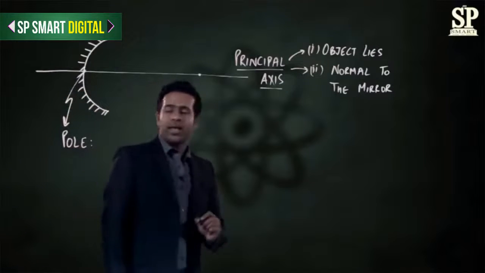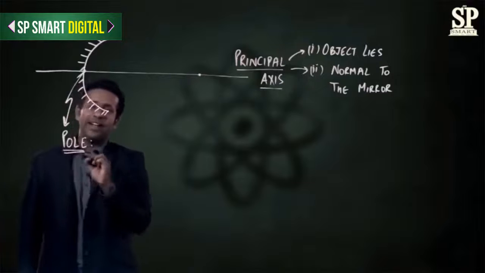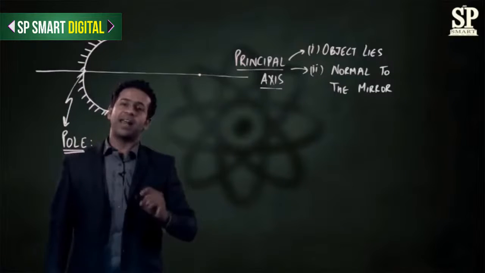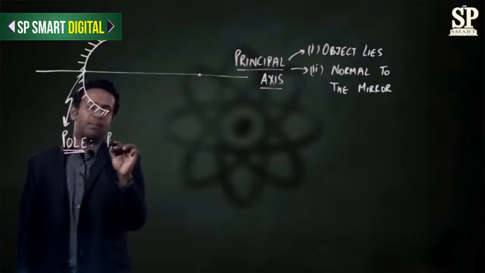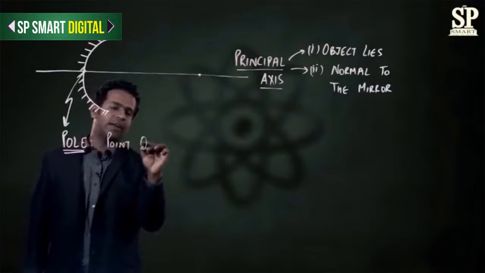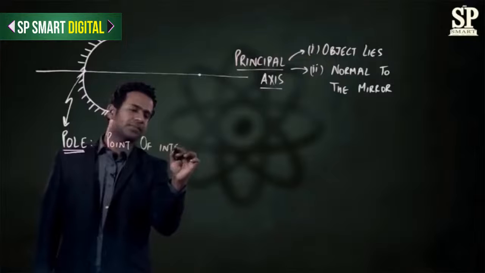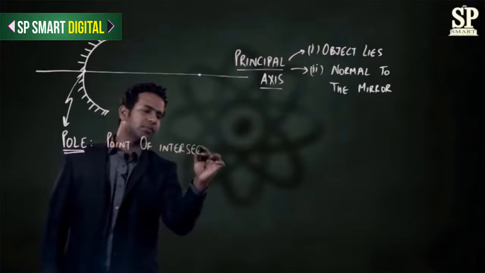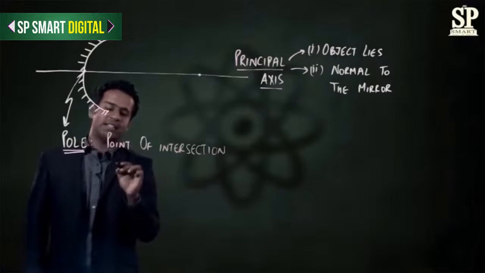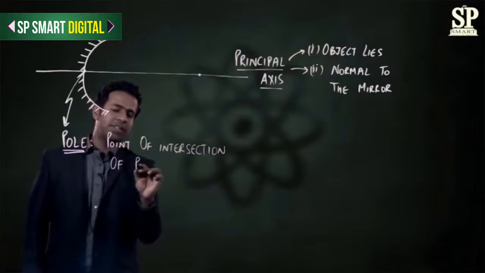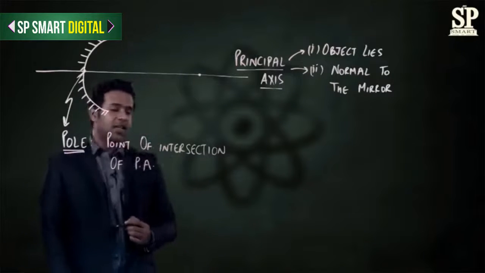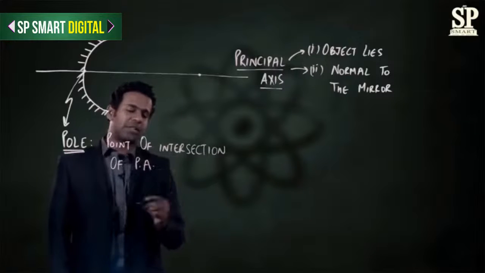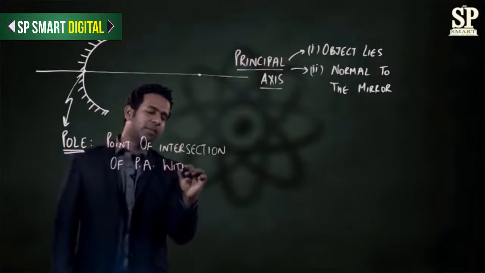So the pole is the point of intersection of principal axis with the mirror. So pole, let me write, is the point of intersection of principal axis. This PA is short form for principal axis. So this is the point of intersection of principal axis with mirror.